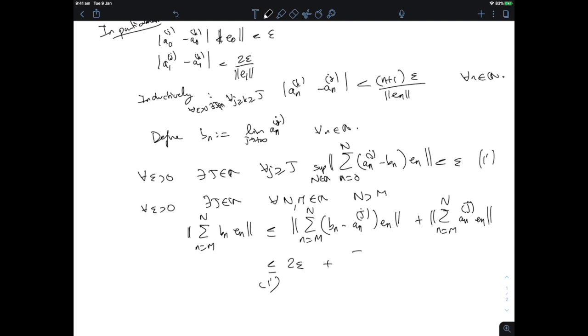And then I have this other bit here, which for a fixed capital J certainly goes to 0 as capital M and capital N go to infinity, or more precisely this series with the a capital J coefficient is convergent, therefore the partial sums form a Cauchy sequence. So what we have is that the sum n equals 0 to capital N of Bn En, as a sequence indexed by n, is Cauchy in X, hence convergent.